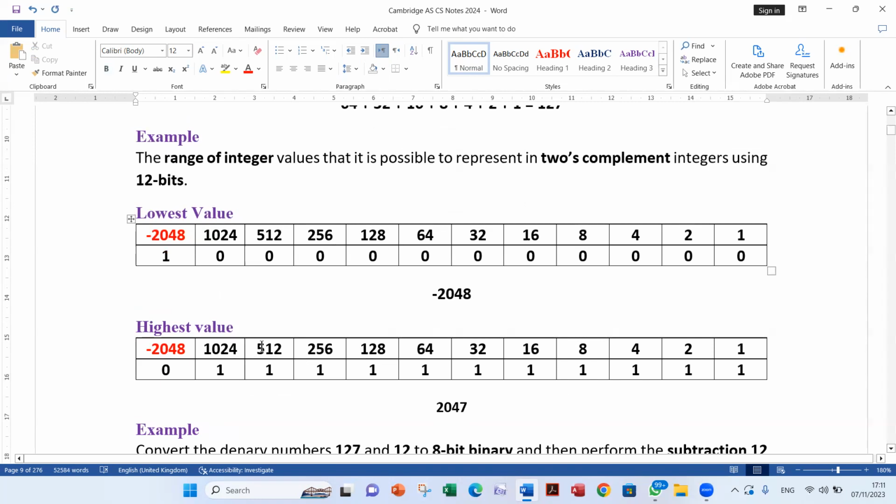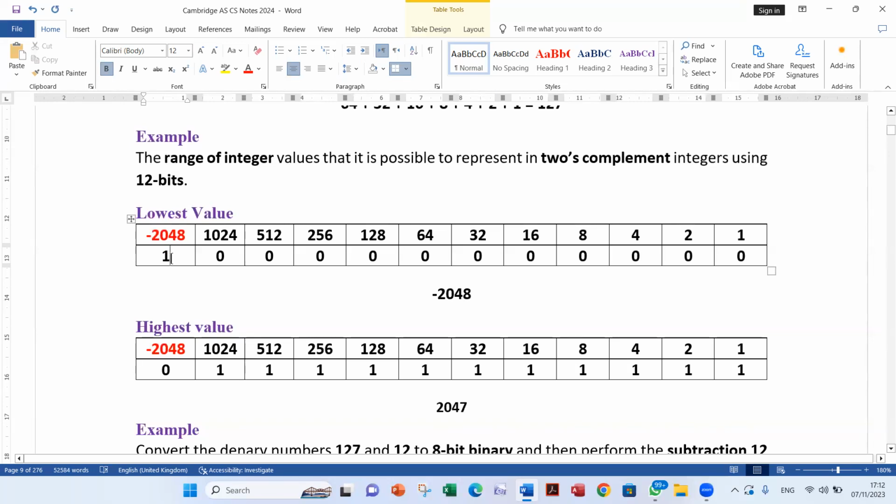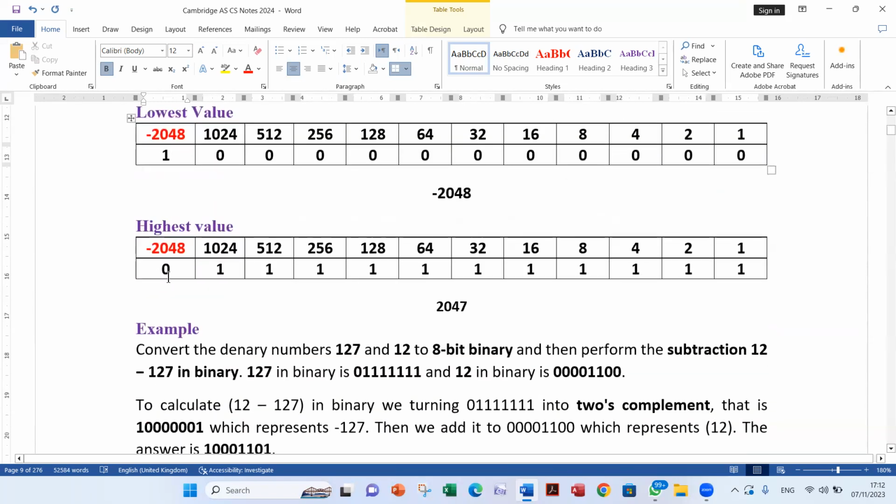Okay, so if you'd like the lowest value, you fill all positive components with zeros, and you fill the only negative component with 1, and it's going to be negative 2048. If you want the opposite, the highest value, you do the opposite. You fill all these with 1s, and the negative component with 0.